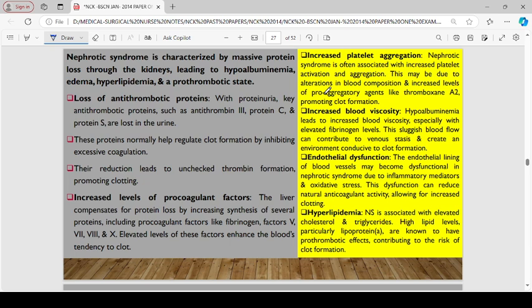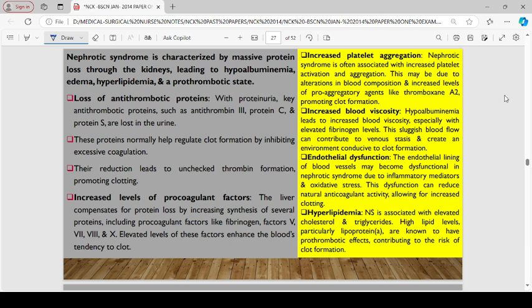We also have another reason why there is hypercoagulability: increased levels of procoagulant factors. The liver will compensate for protein loss by increasing synthesis of several proteins, including procoagulant factors like fibrinogen and factors 5, 7, 8, and 10. Elevated levels of these factors will enhance the blood's tendency to clot.